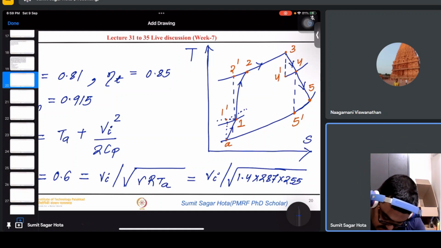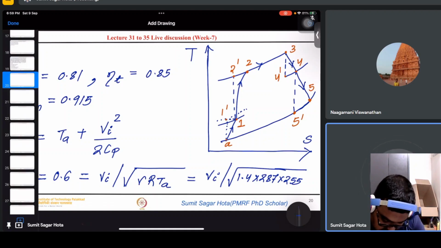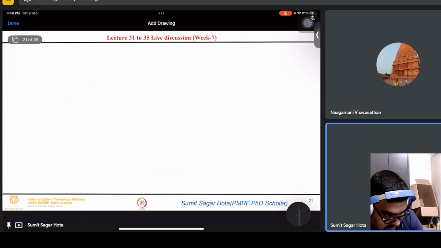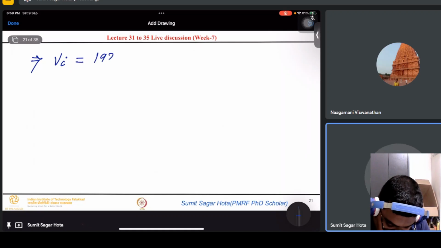Okay, now substitute, because here the left side 0.6 is given, and on the right side only the denominator is given. Now you can easily find out VI. When you calculate VI, you get 192.06 meter per second.